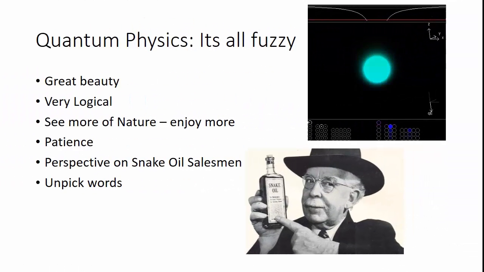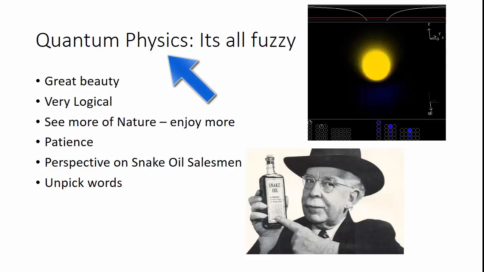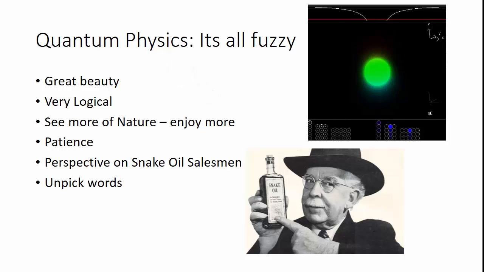The title of this slide is Quantum Physics. It's all fuzzy. Now physics really is the study of nature, the laws of nature. So physics uses maths in this description of the laws of nature. It does experiments, but it also is the basic toolkit used by chemists.